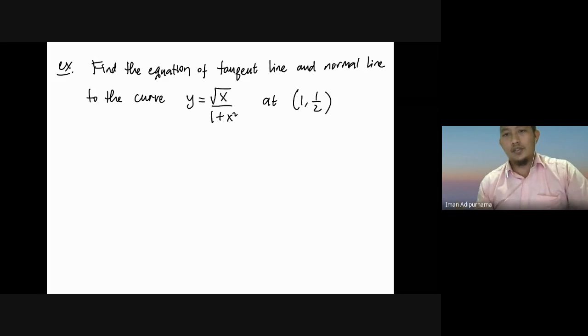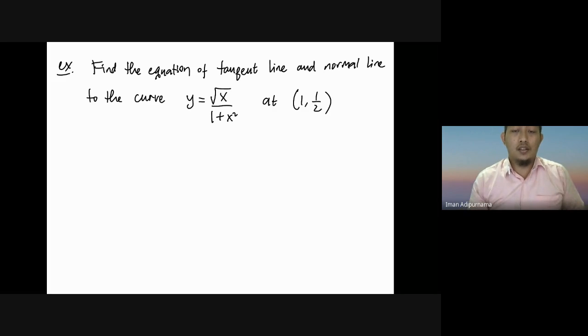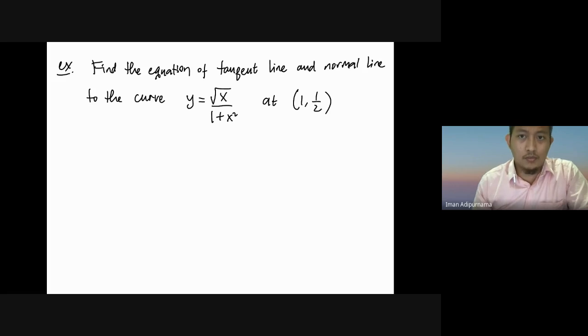I'm giving you a few minutes to check and practice your skills in derivatives. I know most of you already know the product rule and quotient rule from high school, so you can practice remembering how to derive.